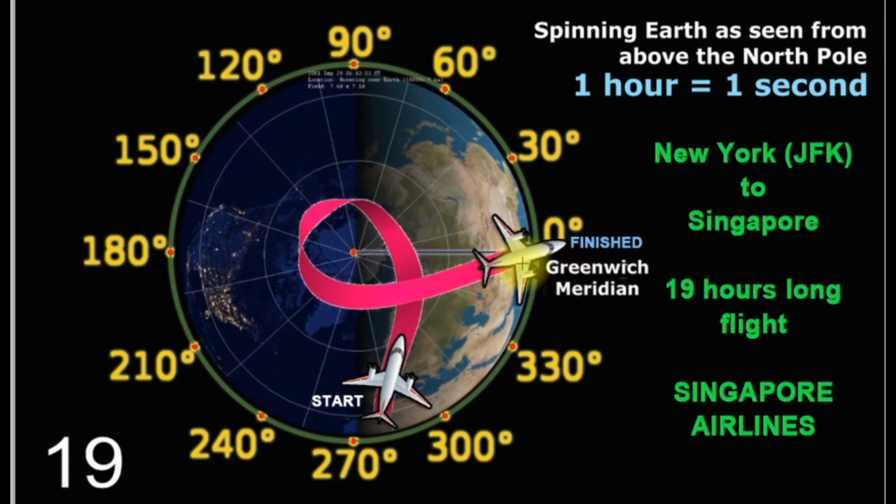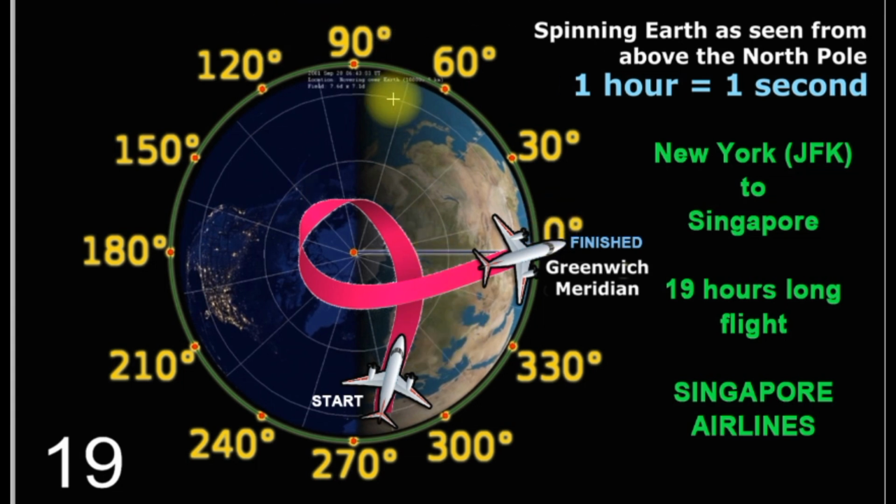This is how this flight would look on the rotating globe from the moment it started to the moment it landed in Singapore 19 hours later. It makes no sense, of course, on the spinning ball Earth, because Earth is not spinning. Just look at the flat Earth map and see how this flight really looks.